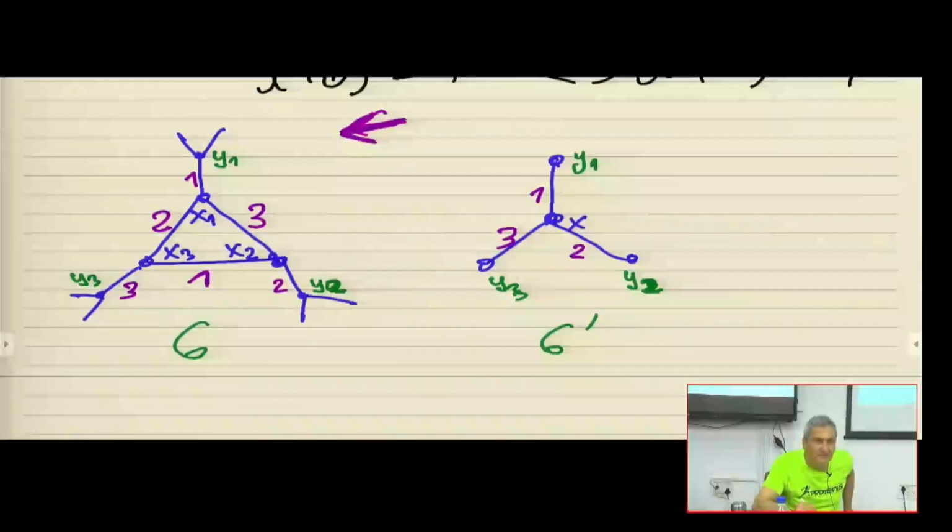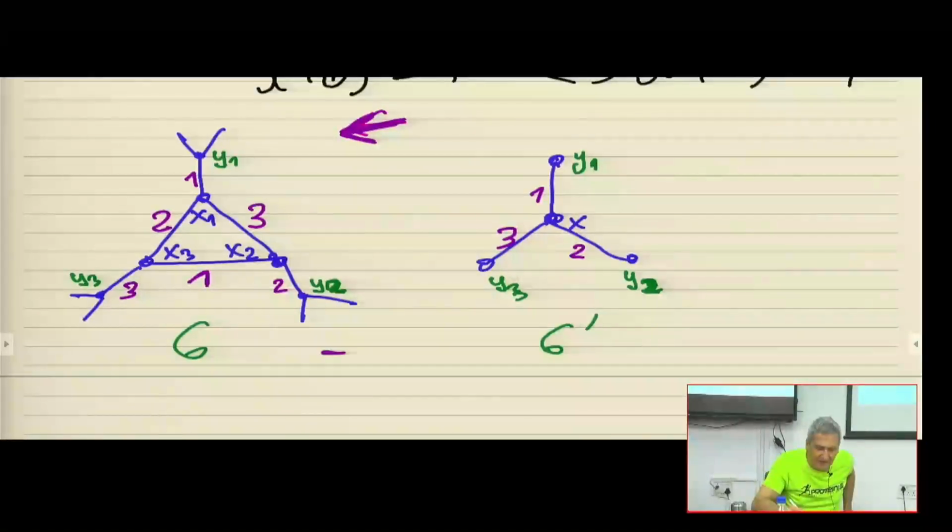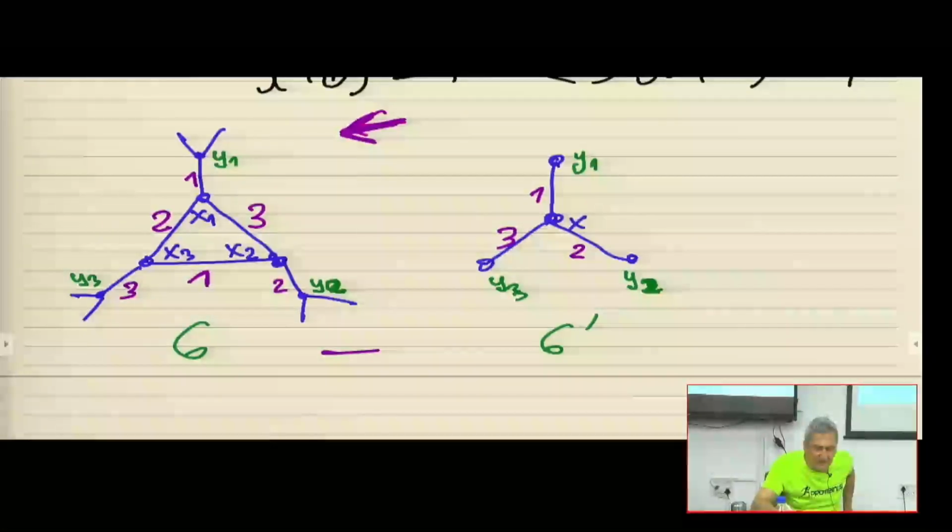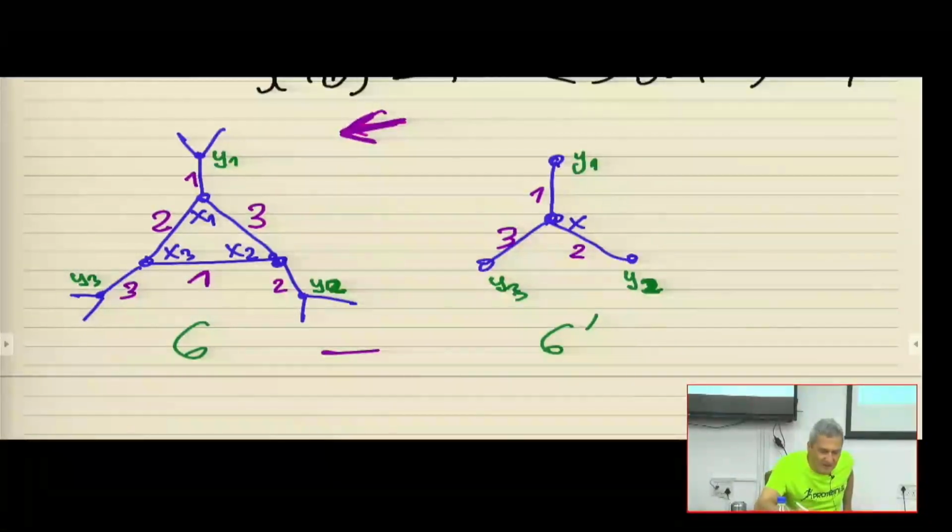And how do we prove the other direction? We assume that we have a coloring here, then we get a coloring here. So let's say we have a coloring here. We don't know what it looks like.